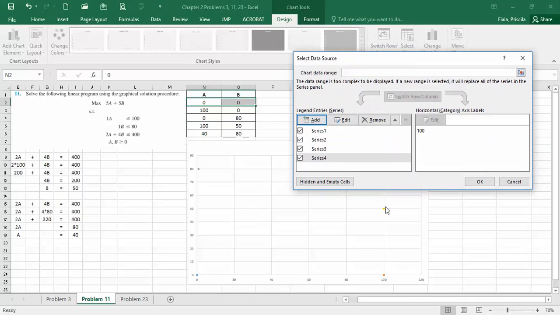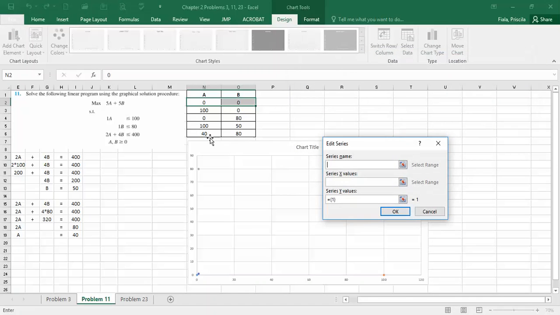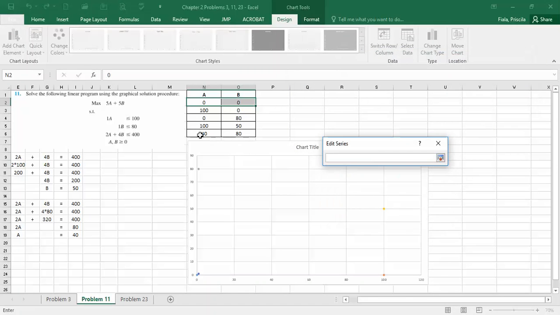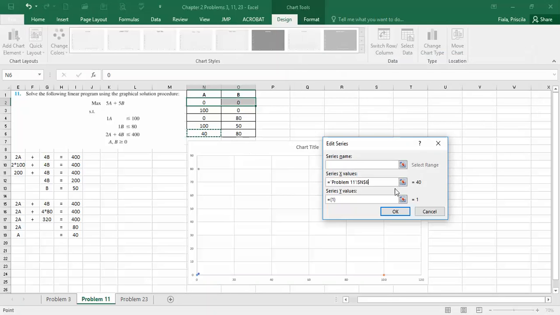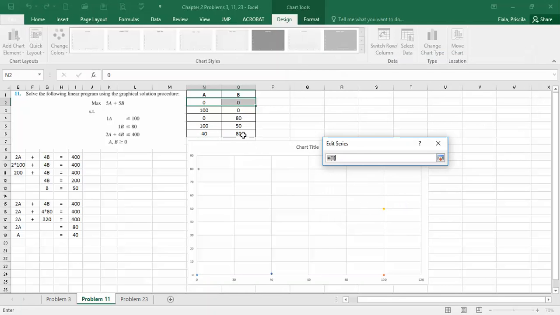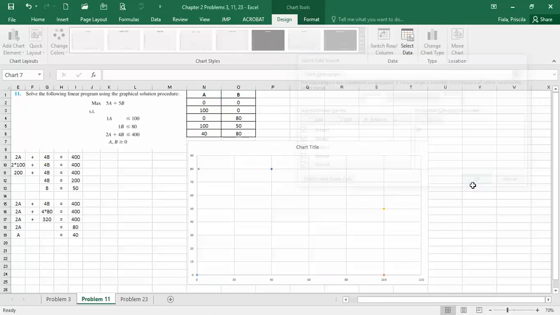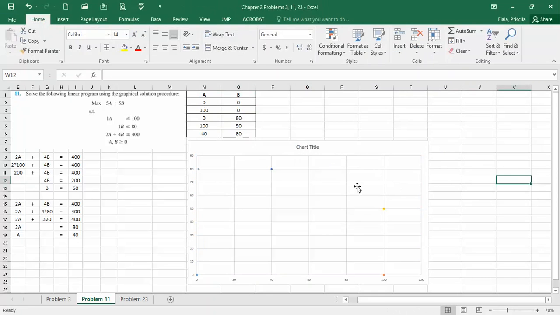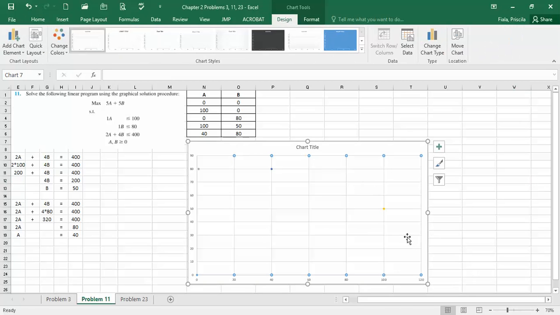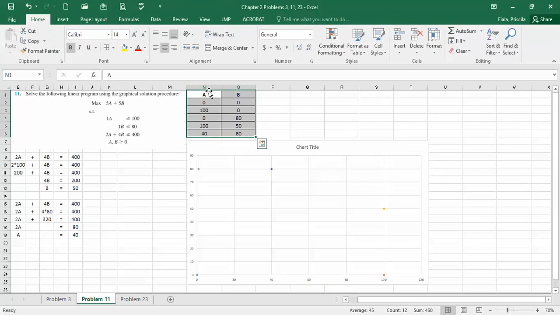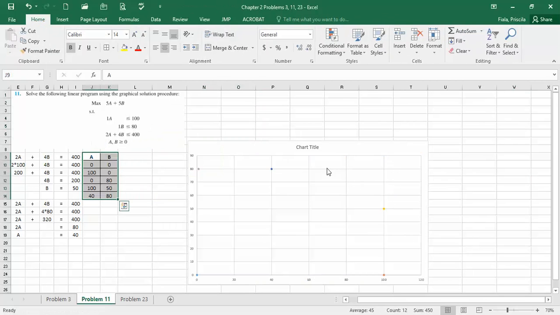And then let's add the last one. When my A is 40, my B is 80. If you notice now, we actually have 5 points. Maybe I can try to move this and make the view bigger.